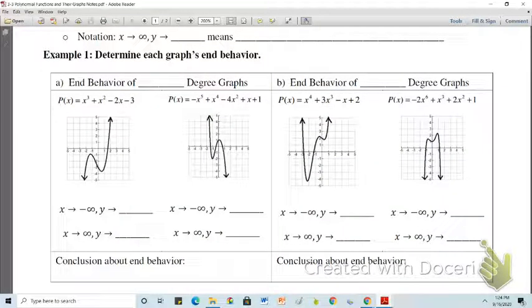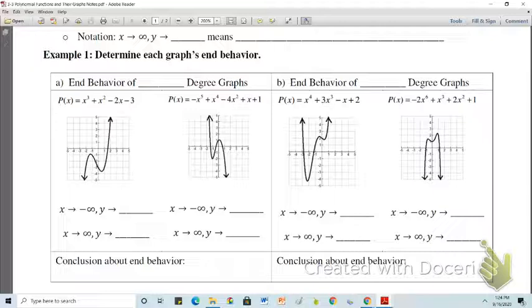So if I look at example 1, I have 2 different types of polynomials. And we classify polynomials by their degree. And when I look at their degree, which are numbers, they can either be odd or even.